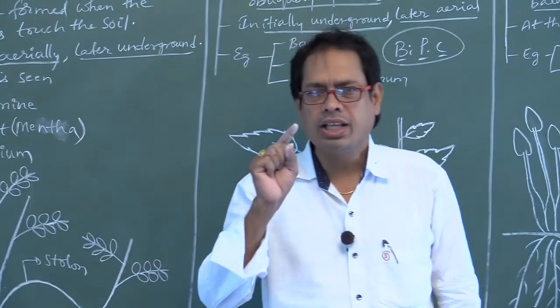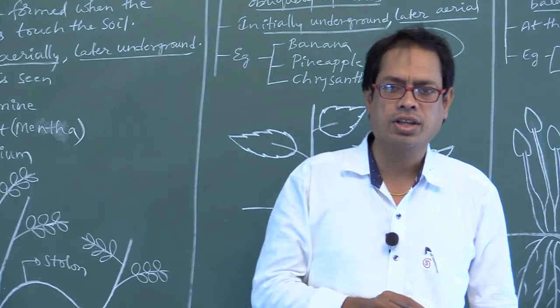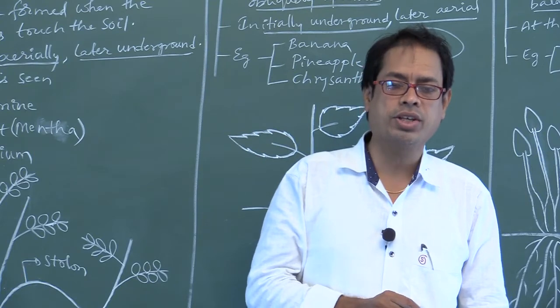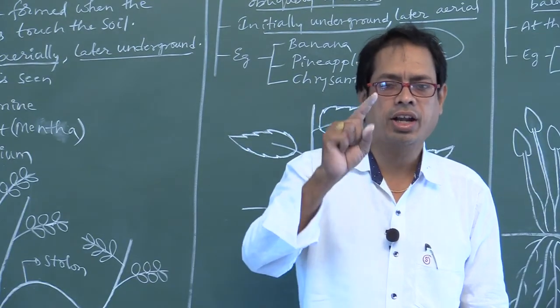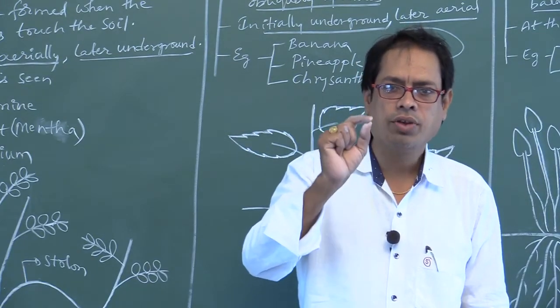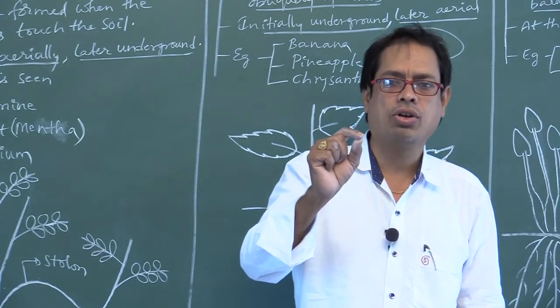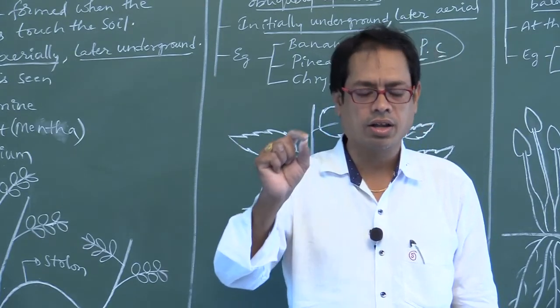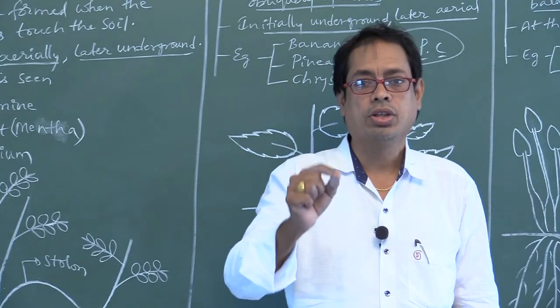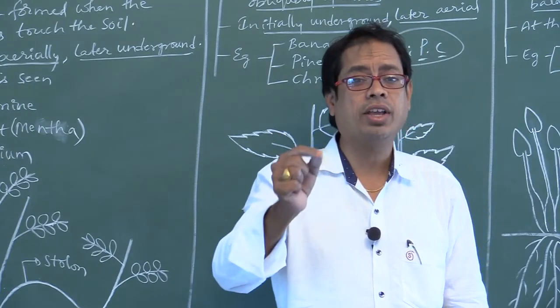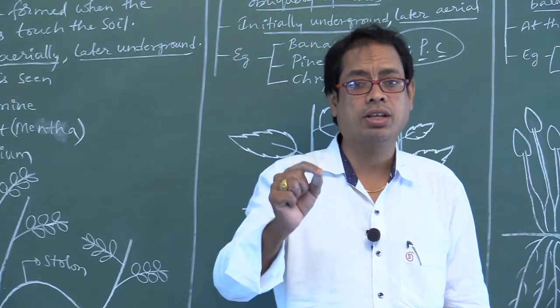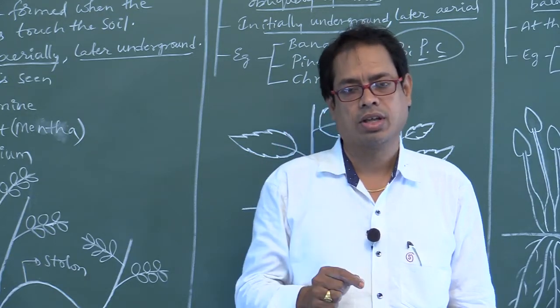True. Are all aerial stem modifications useful for vegetative propagation? False. Tendrils, thorns, phylloclades, cladodes are not useful. The only aerial stem modification useful for vegetative propagation is bulbils.